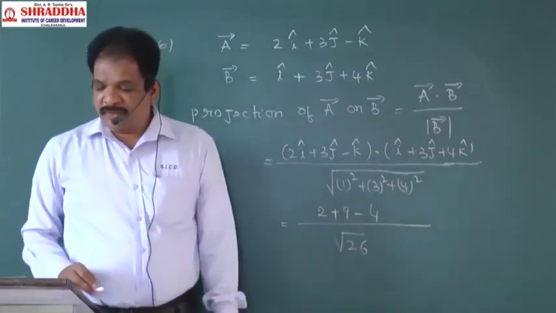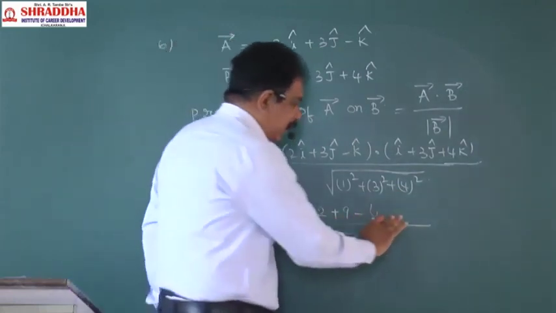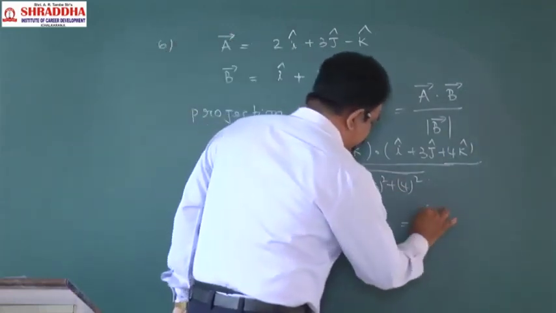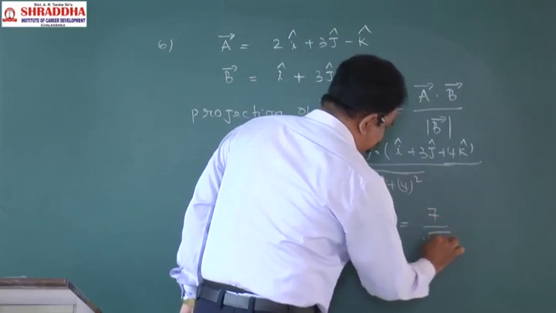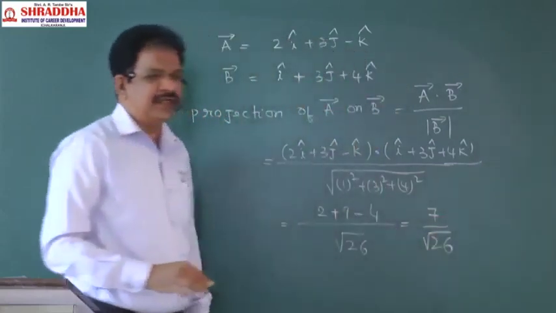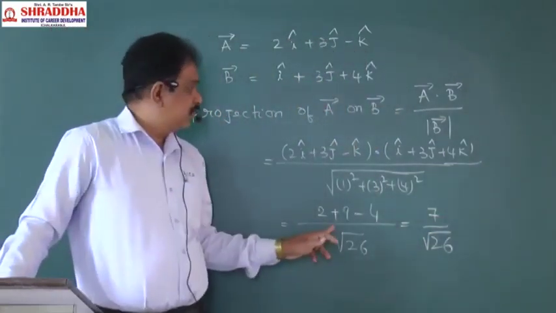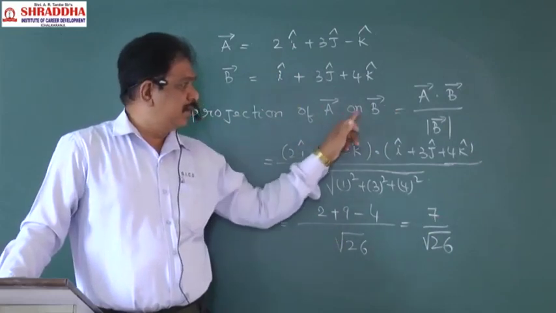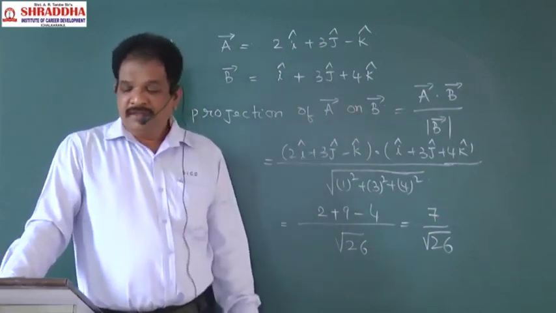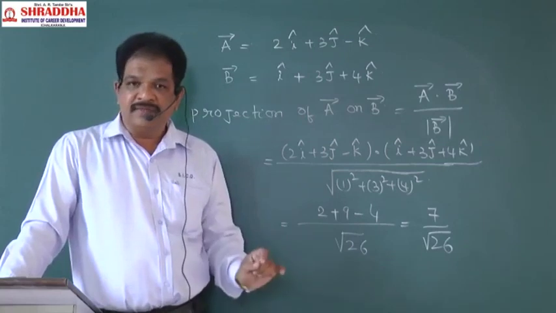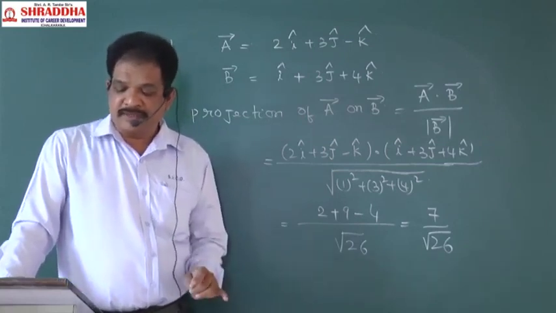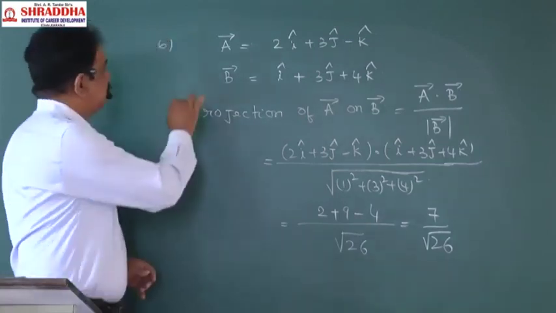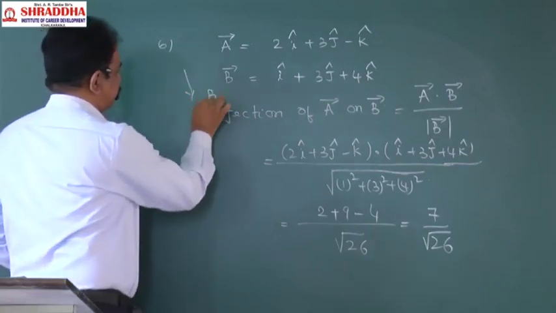So how much we will get this one? This value will be equal to 7 by root 26. So this is the projection of A bar on B bar. That value will be 7 by root 26. Sixth, it will be option B.